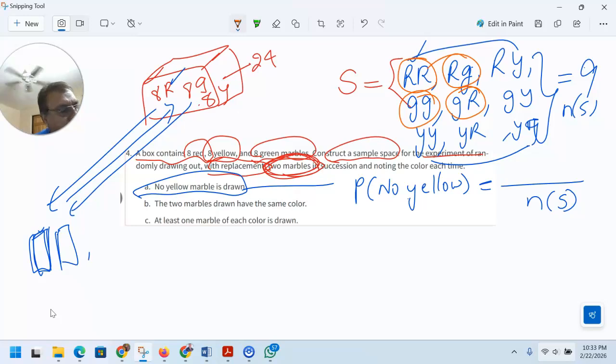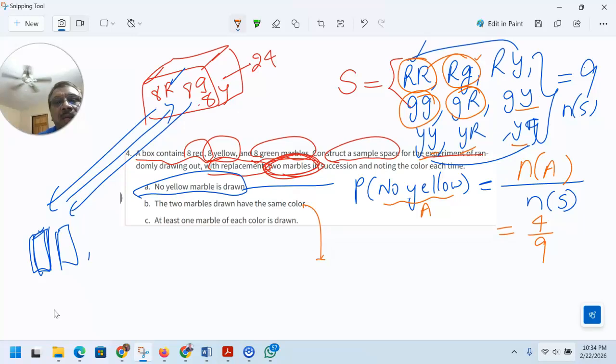This one does not have a yellow. There are 4 of them, but this one has yellow, this one has yellow, this one also. So these 4 have yellow. Maybe I can call this event A, so the answer is 4 out of 9 and you're done.